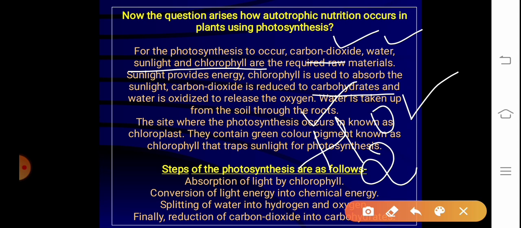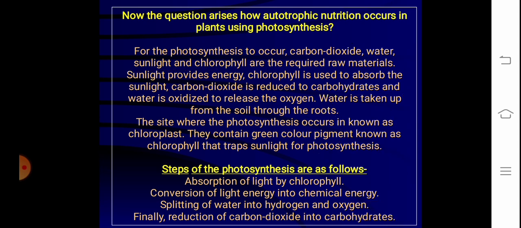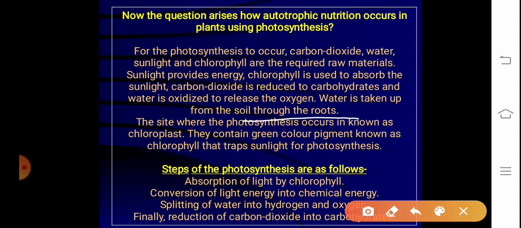And how do the plants get water? With the help of the roots, right? The roots absorb the water from the soil and it is distributed to various parts of the plant. Clear? The site where photosynthesis occurs is known as the chloroplast. Where is this chloroplast present?